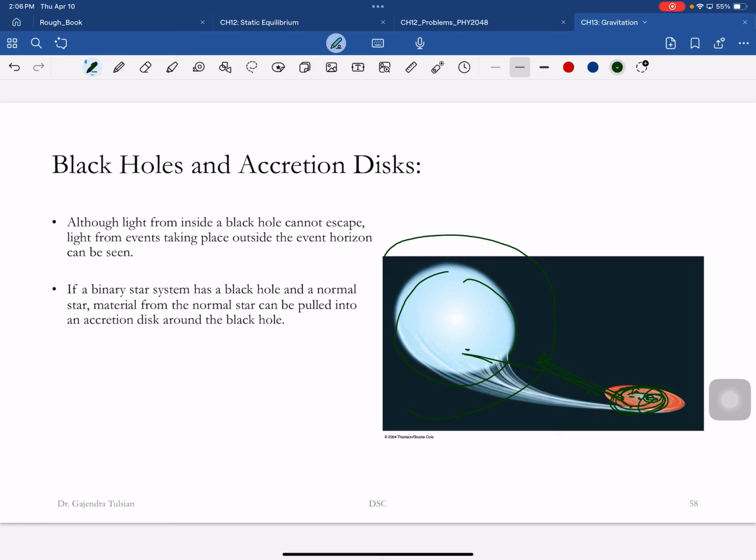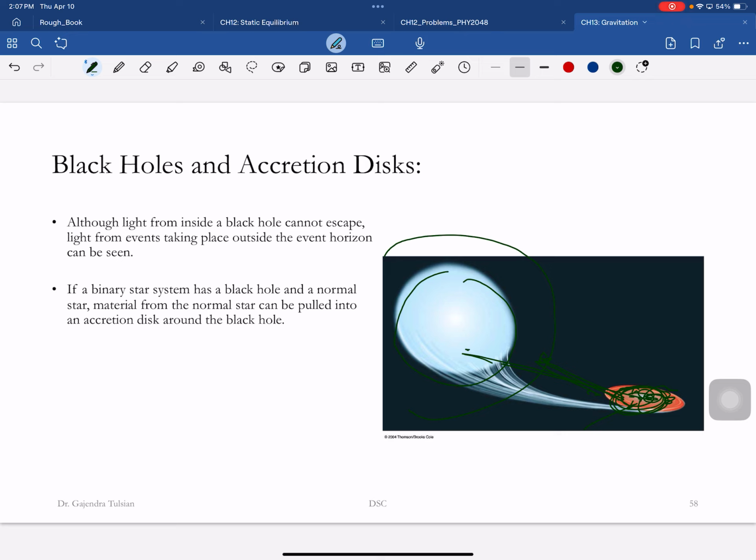That stuff will fall in an accretion disk. Okay, it'll get hot and stuff like that. And if this guy is not a black hole, let's say he's a neutron star, this stuff falls in, and if this all falls in and he becomes more than 3 times solar mass, then he'll turn into a black hole, okay, and so on. So all kinds of fun stuff can happen.